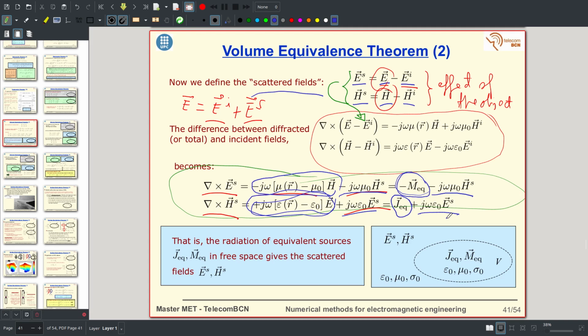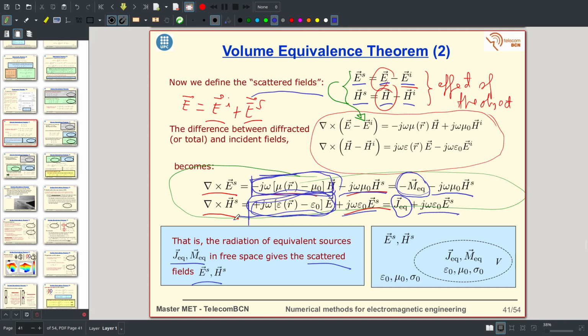Okay? So what we got are a pair of Maxwell's equations in which our fields are the scatter fields and the sources are the equivalent currents defined as these terms. This term here and this are defined as the equivalent current. More about this in the next slide.